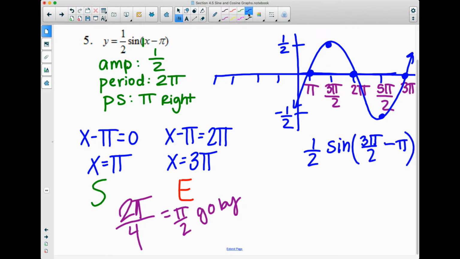So if I have 1.5 and I take away 1, I'm left with a half, which is exactly where we wanted to go. So sine at pi over 2 is 1. 1 times 1/2 is a half. Okay? So again, if you have it set up correctly, you don't have to evaluate any more than just that first dot. Okay?